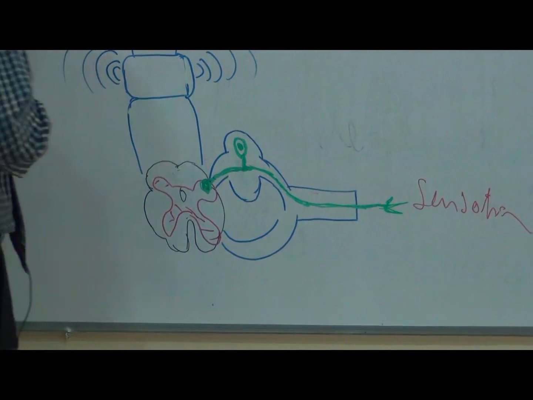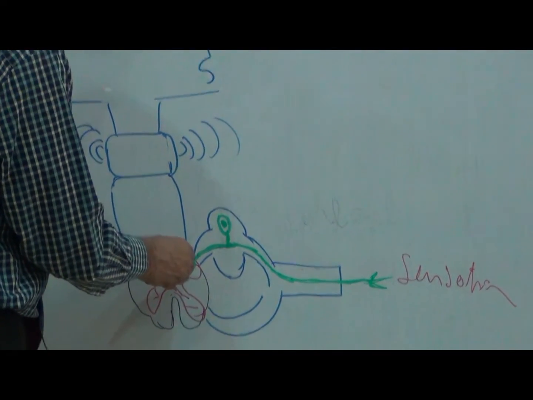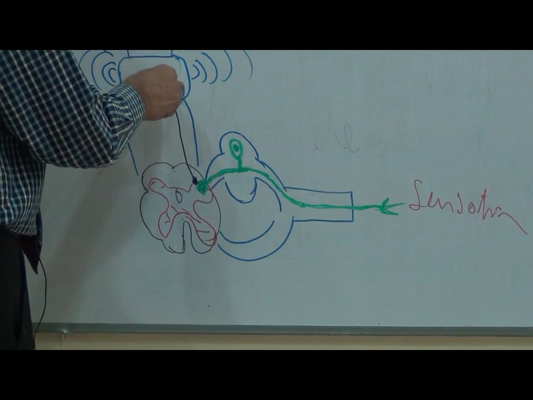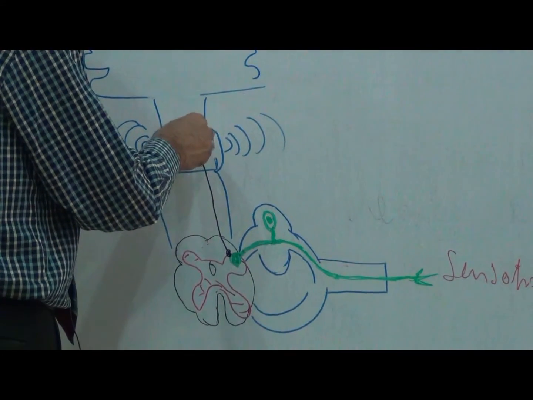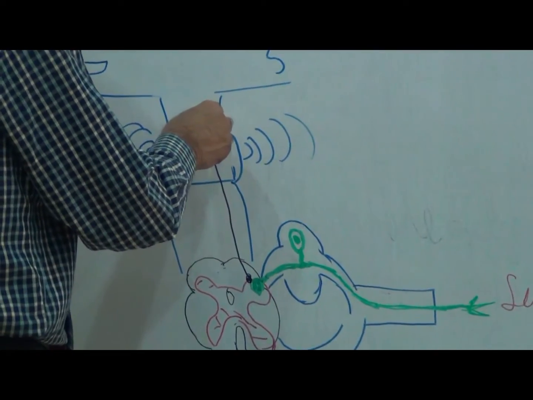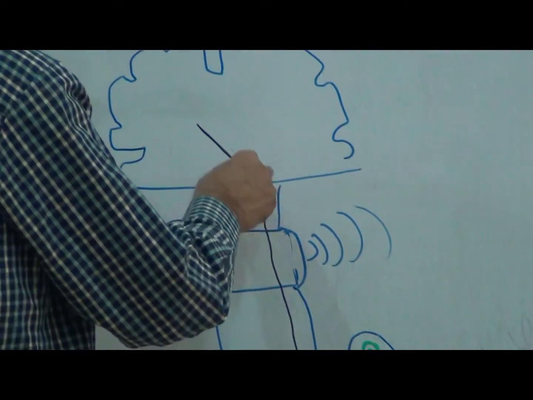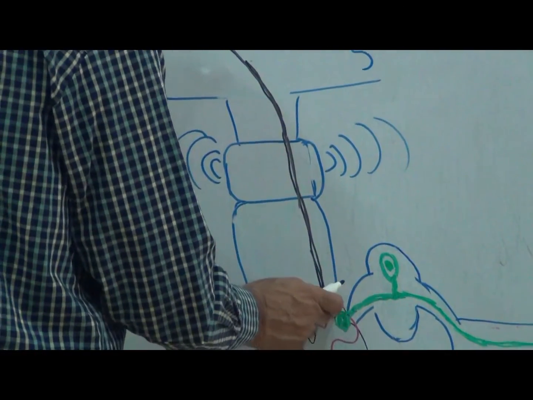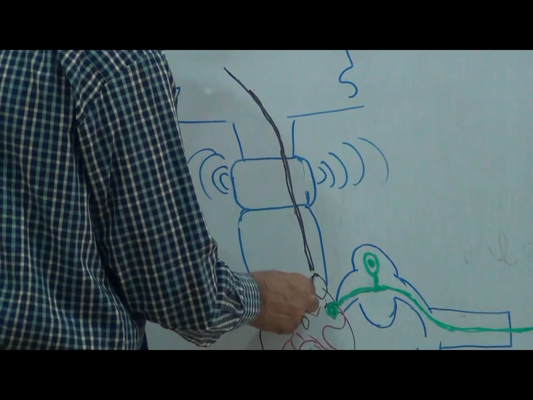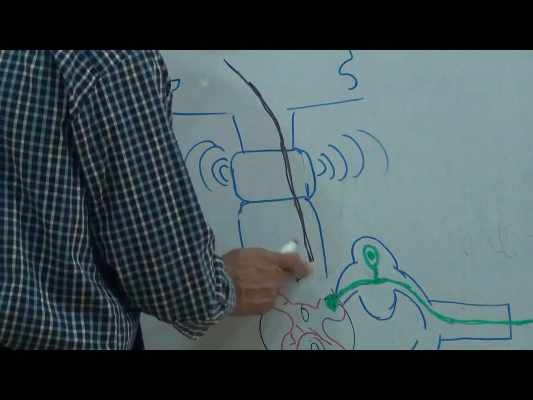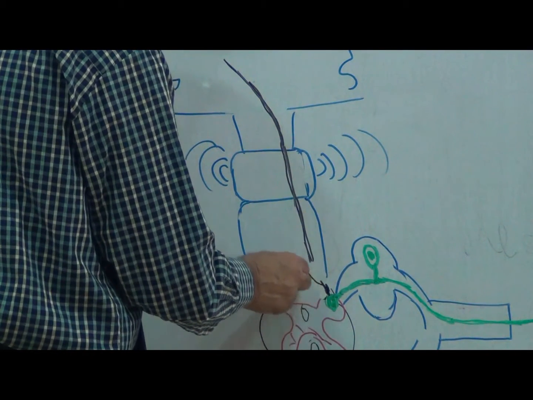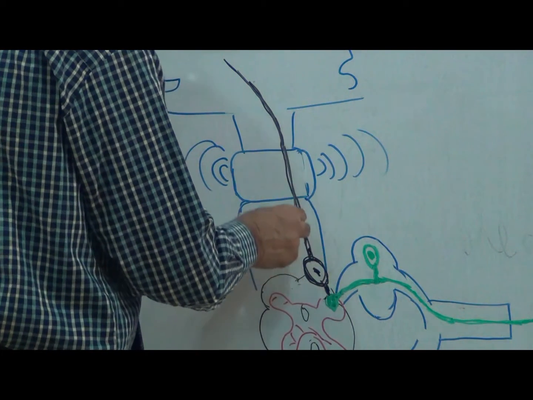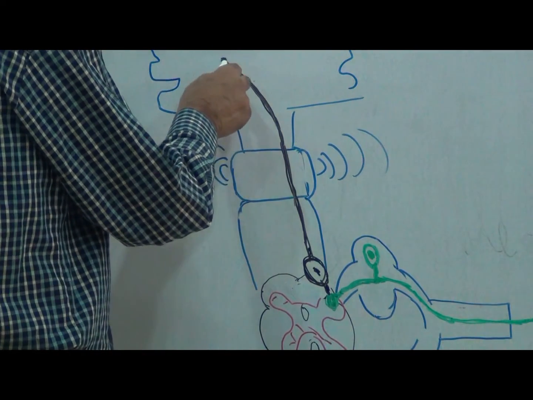Then from here another neuron arises from the posterior horn, which ascends through the brainstem and relays in the thalamus.